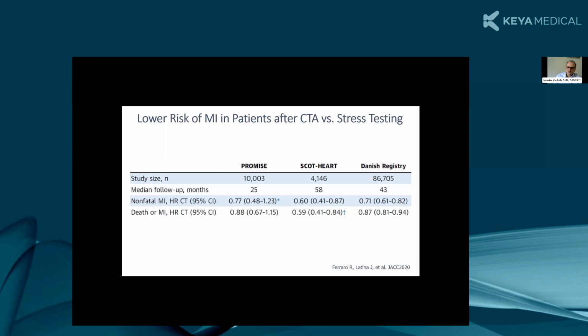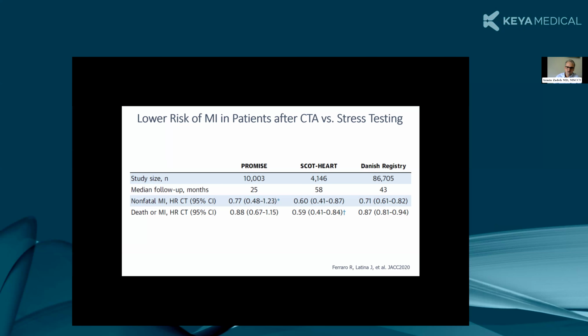So what I'm saying is the low-hanging fruit is just to have a greater application of the tools that we have, because currently, according to most recent data, only 10% of patients roughly undergo CT, while 90% still undergo stress testing when they come for evaluation.